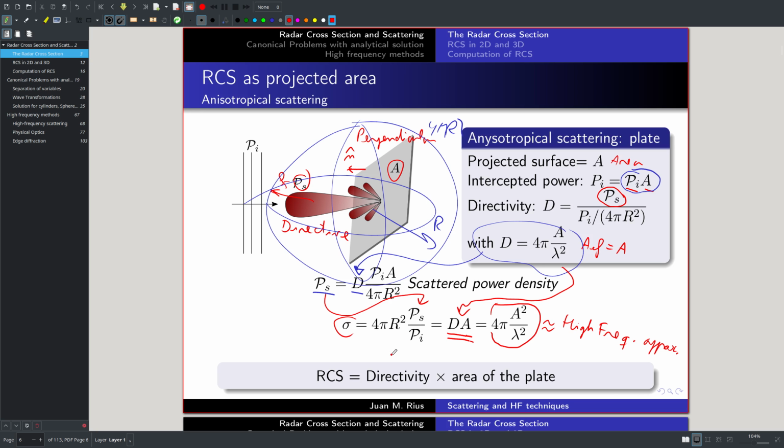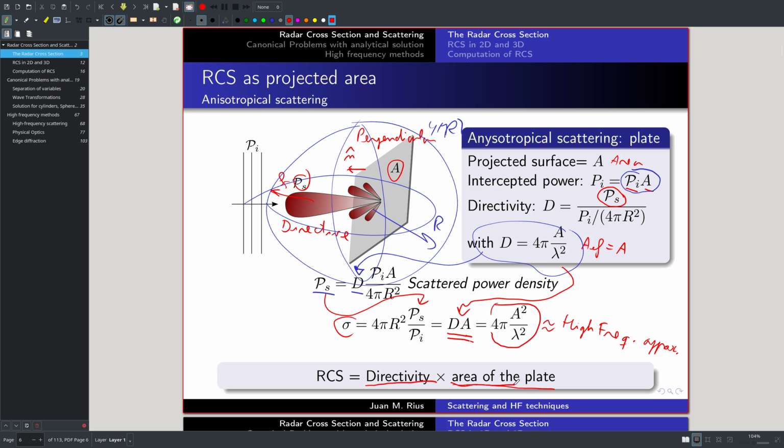But in general, for directive targets, the RCS, the radar cross-section, is not the area of the plate as for isotropic scatterers like the sphere, where we got that the RCS was the area. So in the case of directive targets, we have to multiply by the directivity of the target.